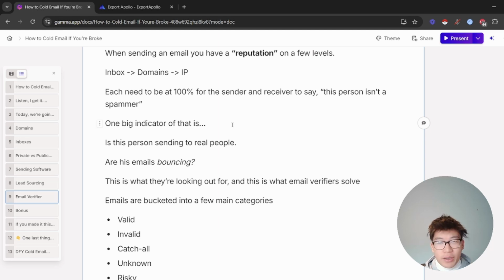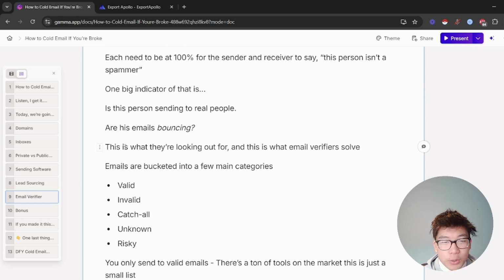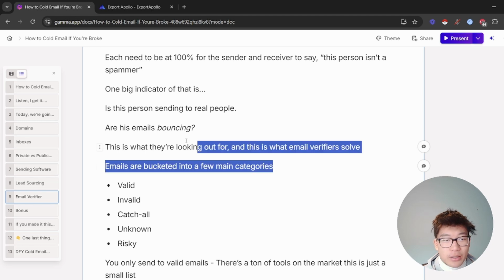If you send too many of those, the person that you're using to send your emails will flag you and be like, stop sending to these fake people, you're hurting my email's reputation. And then the person that you're sending to will flag you and be like, yeah, that IP sucks, don't receive emails from that. So then what you've done is you've just kind of screwed yourself, because now both of them are on your ass and you're trying to figure out how to work this out. So this is how you stop that. This is what you're looking out for, and this is what an email verifier solves.